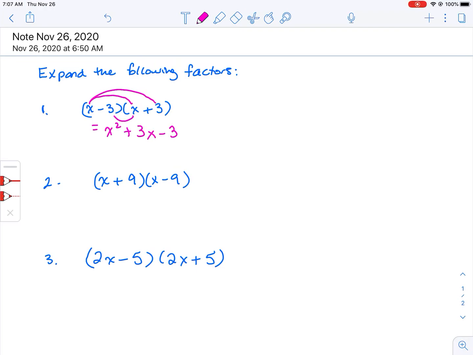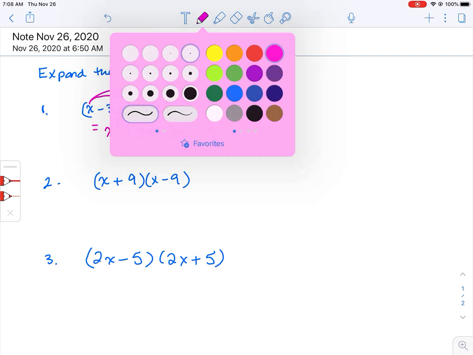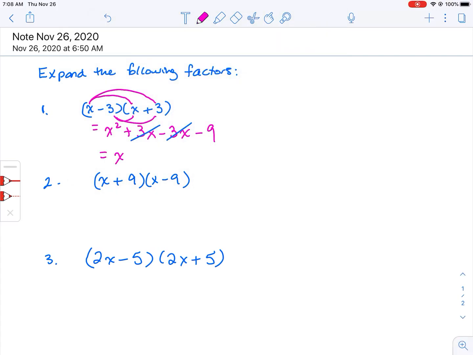Negative 3 times x is a minus 3x. And negative 3 times 3 is a minus 9. So again, if I recognize those two middle terms, those will cancel. The sum of negative 3x and positive 3x is 0. So our final product here is x squared minus 9.